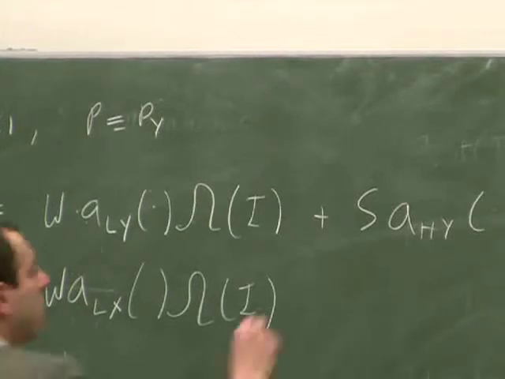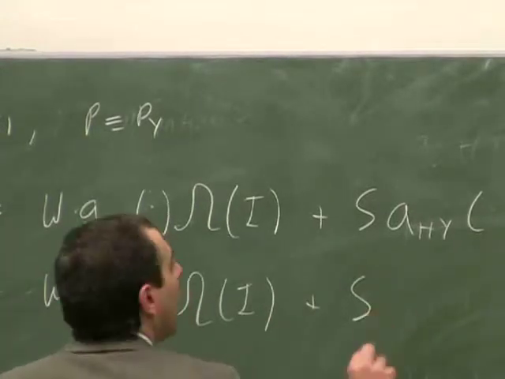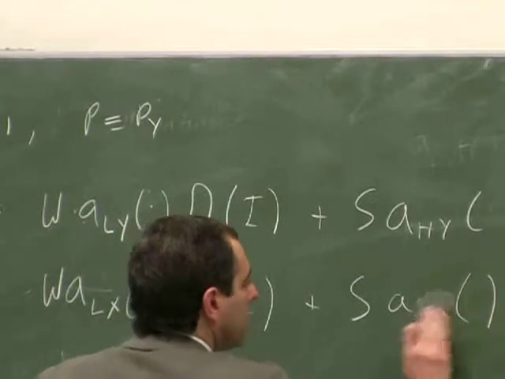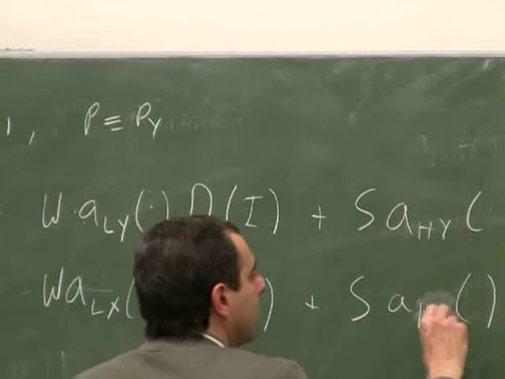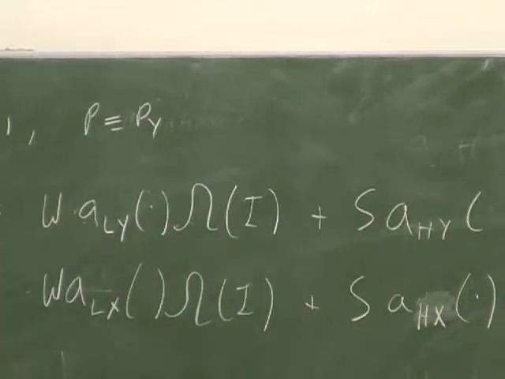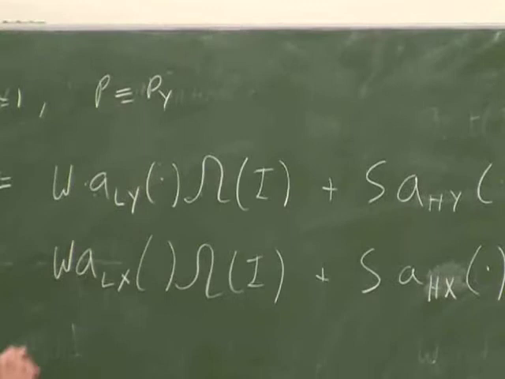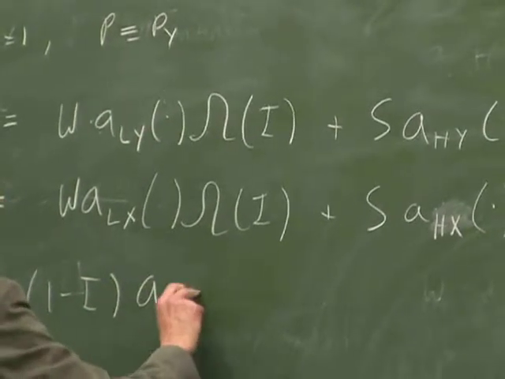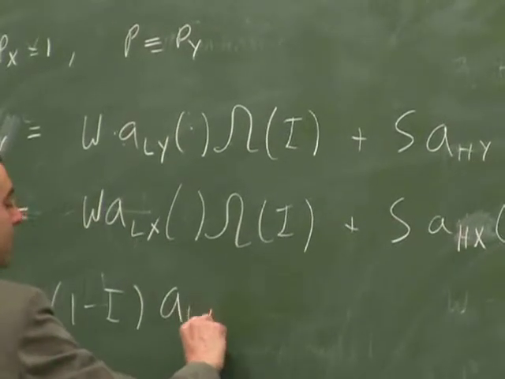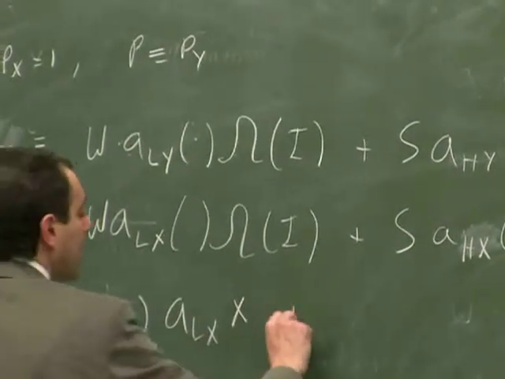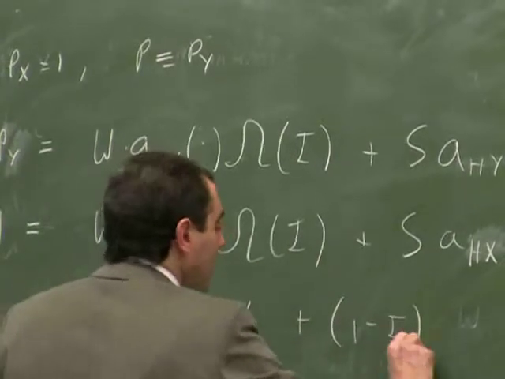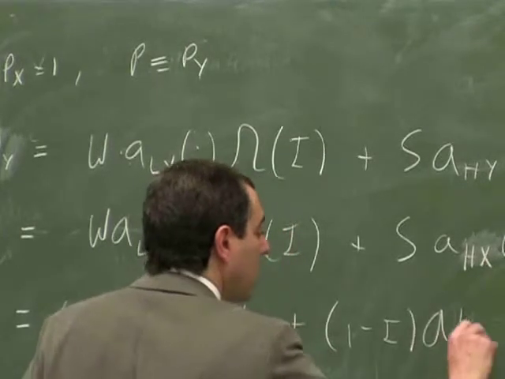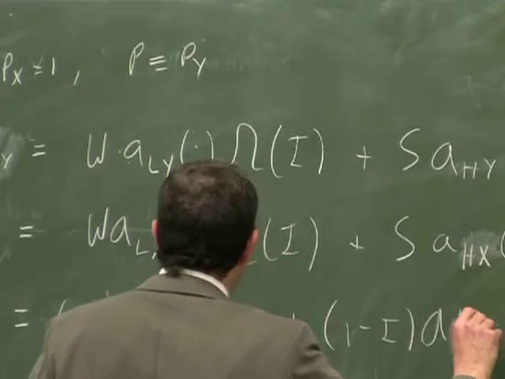Plus S times AHX. Second of all, we have to have L equal to 1 minus I times ALXX, plus 1 minus I times ALYY.